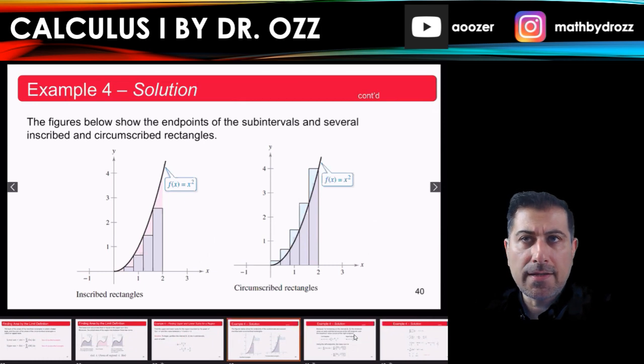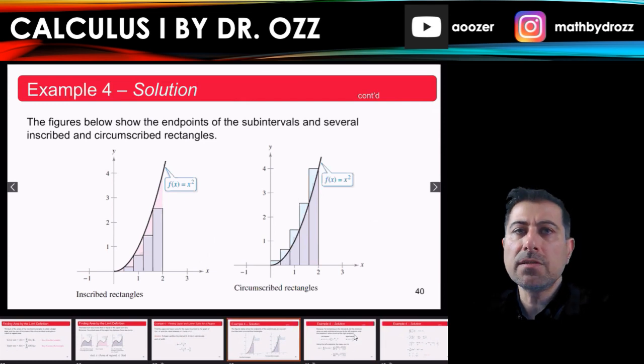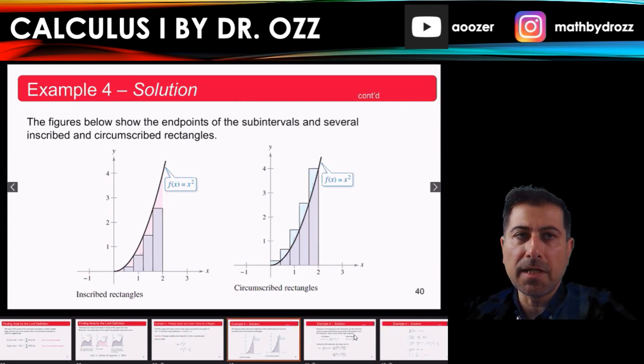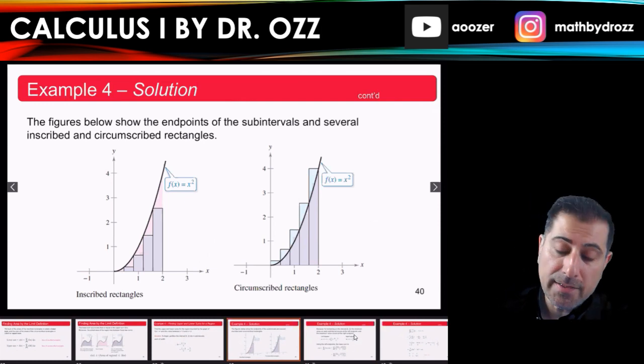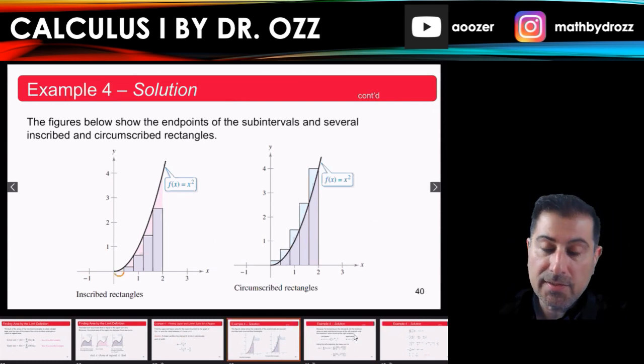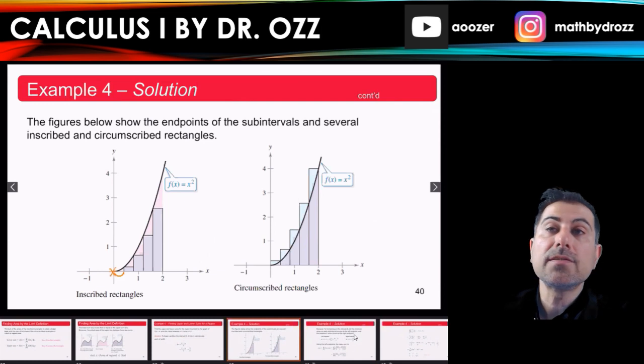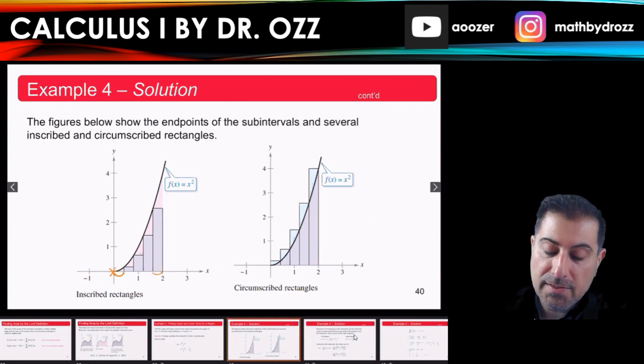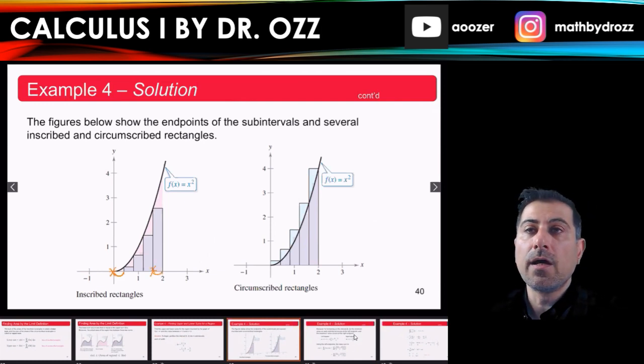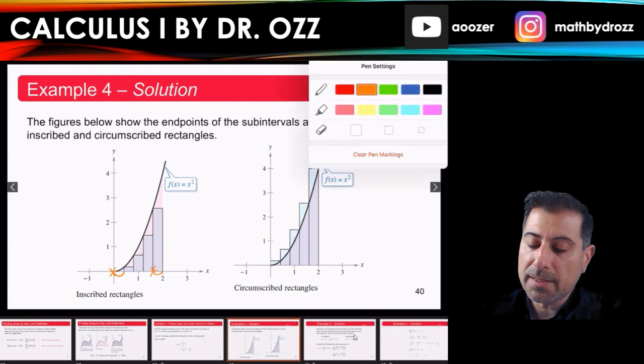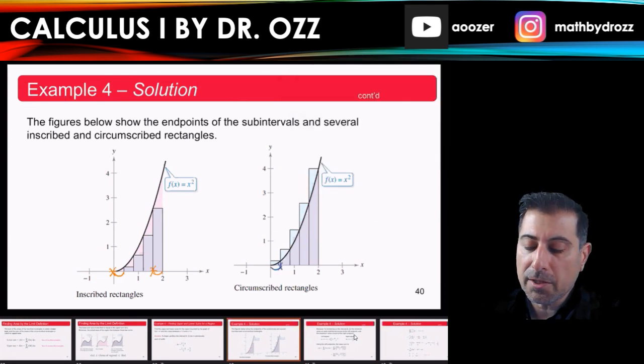So as you see, to find the areas of inscribed or circumscribed rectangles, we should go with either left endpoints of each subinterval or right endpoints of each subinterval. For the inscribed case, if you're considering this subinterval, I'm going to go with left endpoints. For this subinterval, I'm going to go with this left endpoint. For the circumscribed case, for this interval, I'm going to go with the right endpoints.